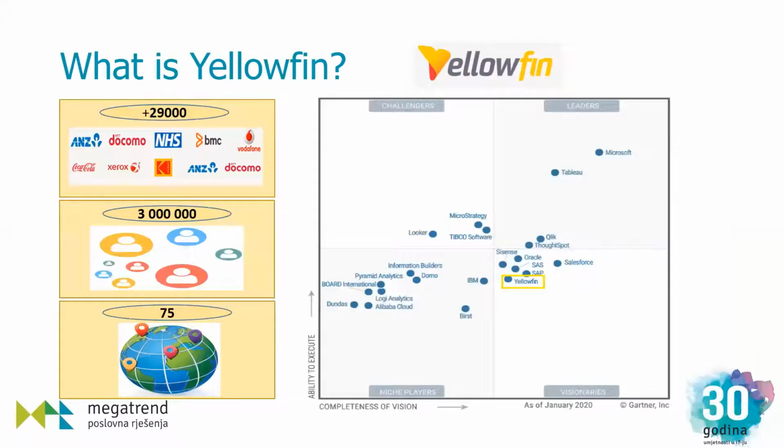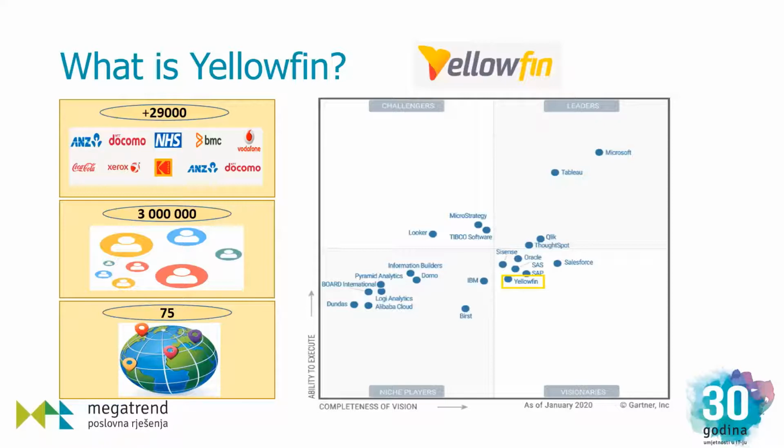What's important to note about Yellowfin is that it has over 29,000 customers, over 3 million concurrent users, and it is deployed in more than 75 countries. Also, it caters to a wide range of industries, from finance, retail, manufacturing, basically any industry that uses business intelligence tools, and that is almost any industry today.